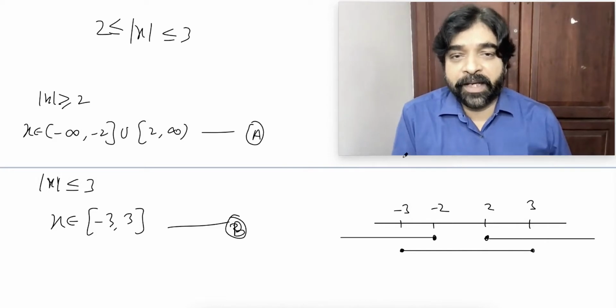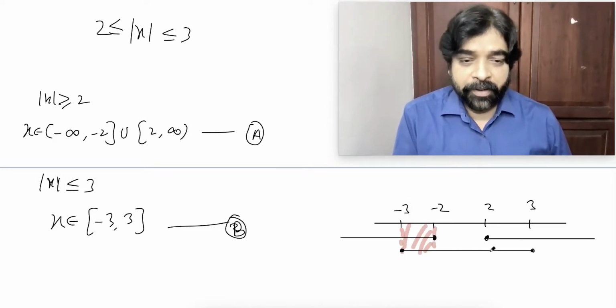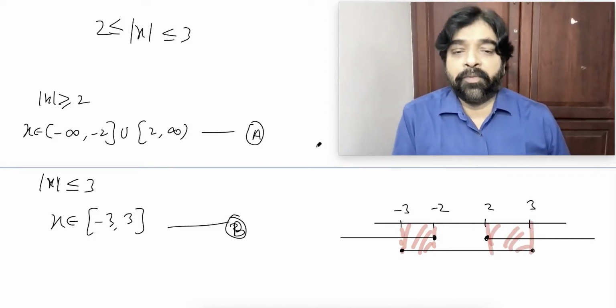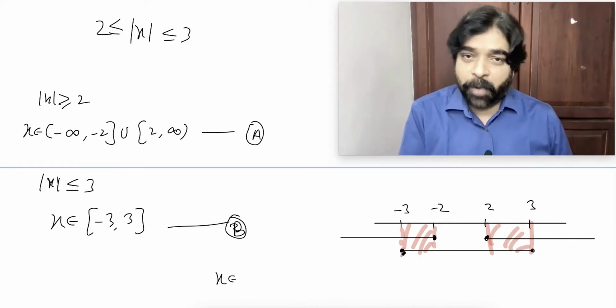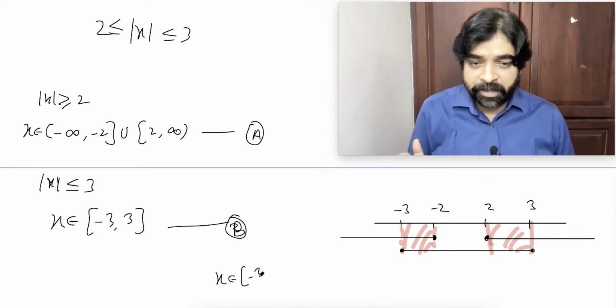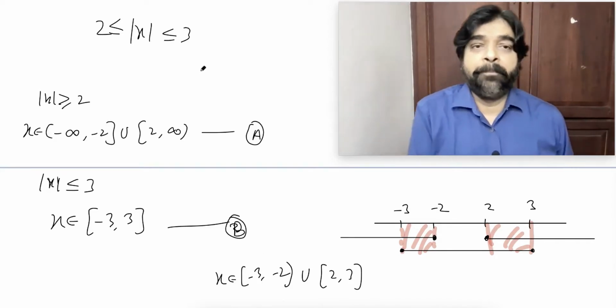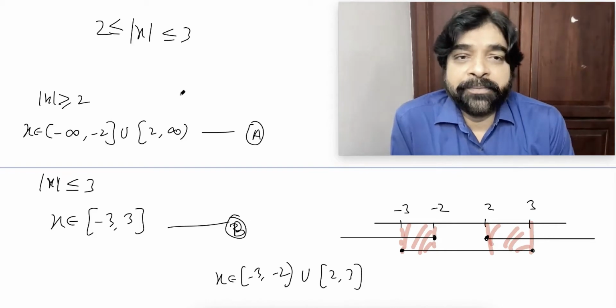You can see very clearly this is your intersection, here to here, then here to here. So finally the answer will be x belongs to minus 3 to minus 2 union 2 to 3, all closed. And that's the expected answer for this one. Is this clear to everybody?